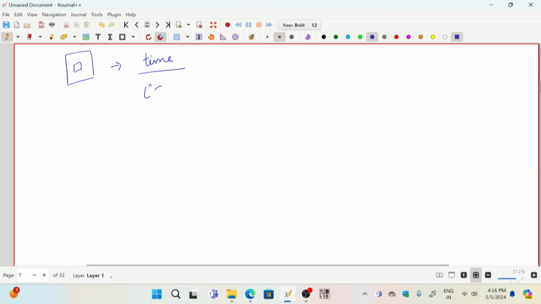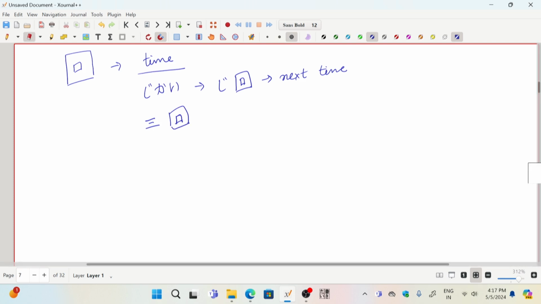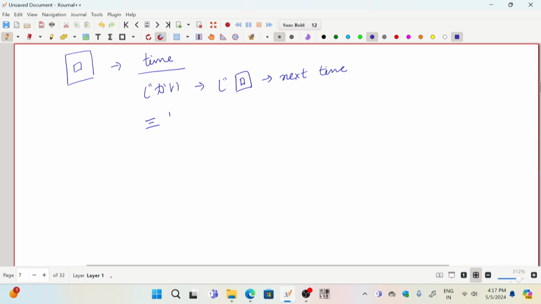So jikai is next time. Or we want to say third time, that will be sankai. Sankai is 3 times.